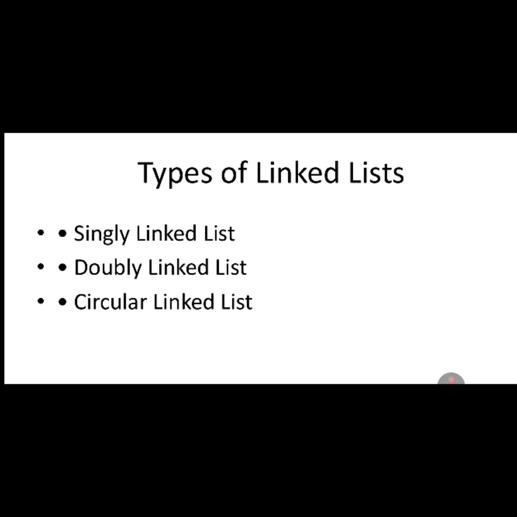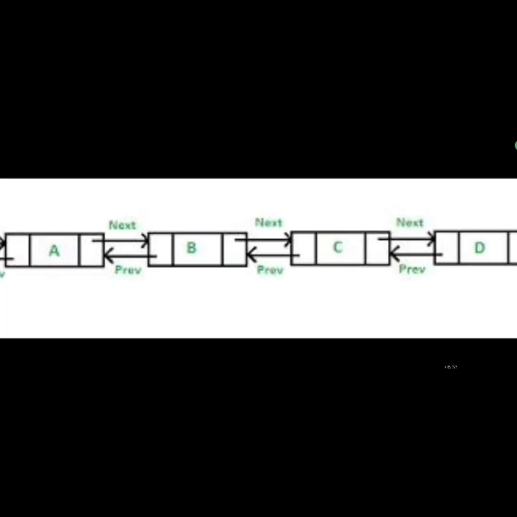Let us see the structure. This is the structure of a doubly linked list. Here A, B, C, D are 4 nodes, and A consists of data part and next part, whereas B also consists of data part and next part, and C, D also consist of the same parts.